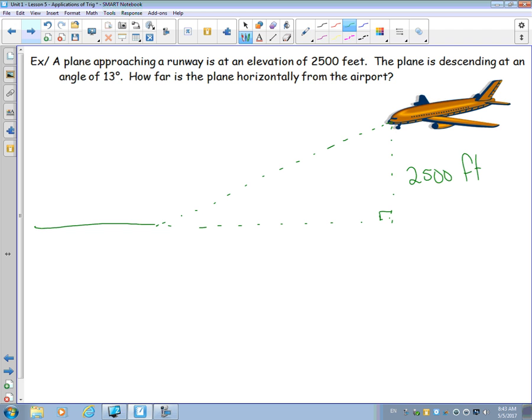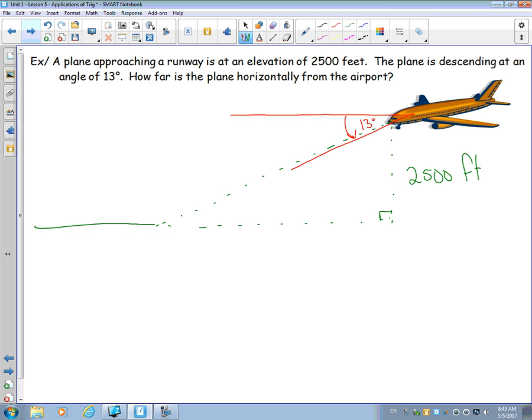Here's the tricky part. I need you to think about the idea of elevation depression. If the plane kept flying straight, it would form this line, right? That's where the plane would go. But it's not. It's now going down to this line. So my angle of depression is 13 degrees out there, which isn't really in my triangle.